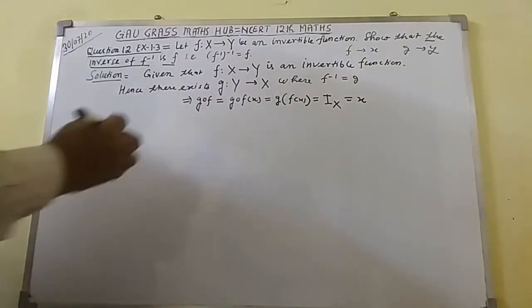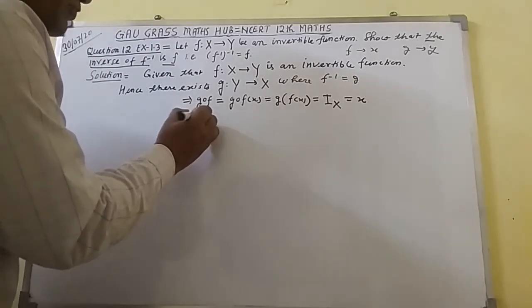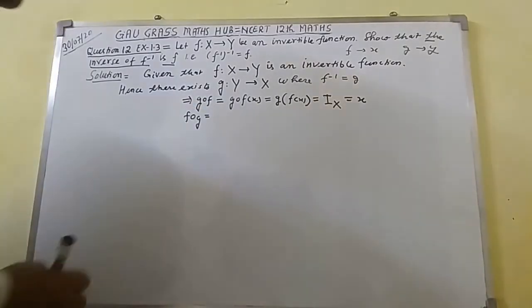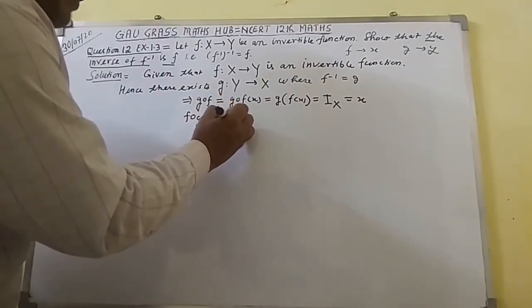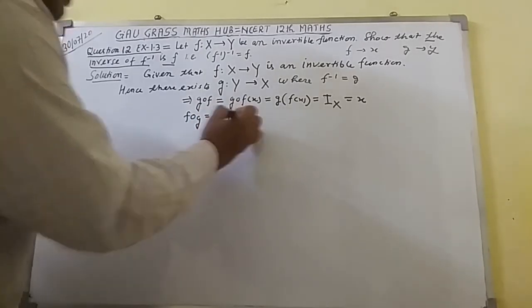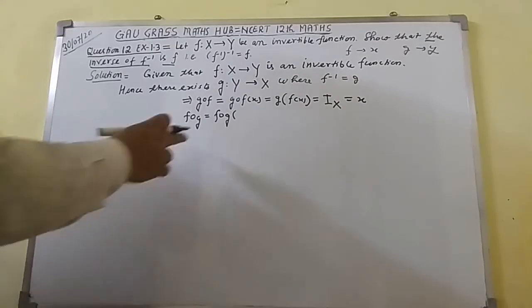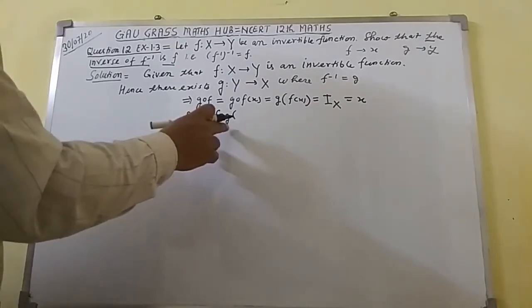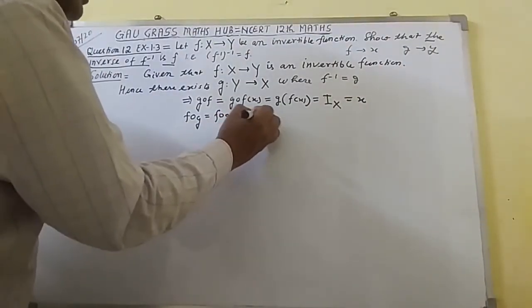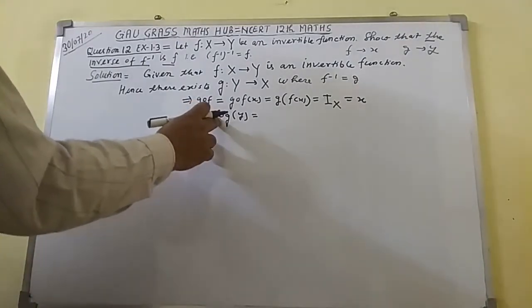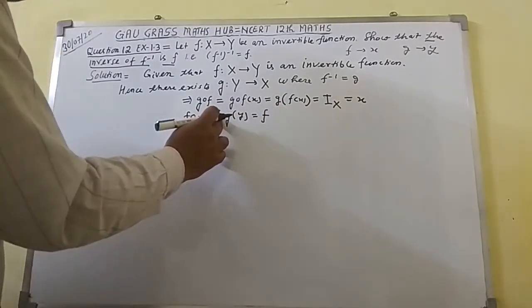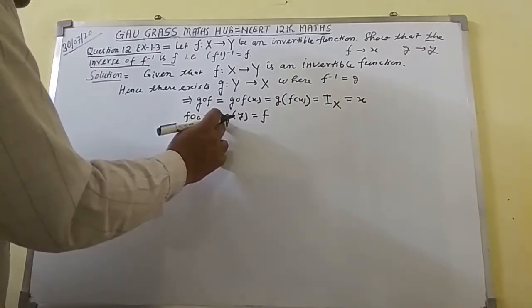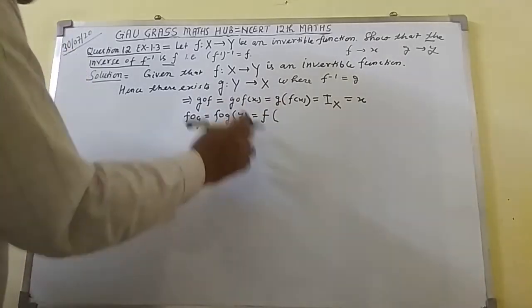Now come to the next. Next you take f of g, so write f of g. In bracket you can write y, because the last letter is g and g is related to y. Equal to f, and this small o will be converted into a bracket.